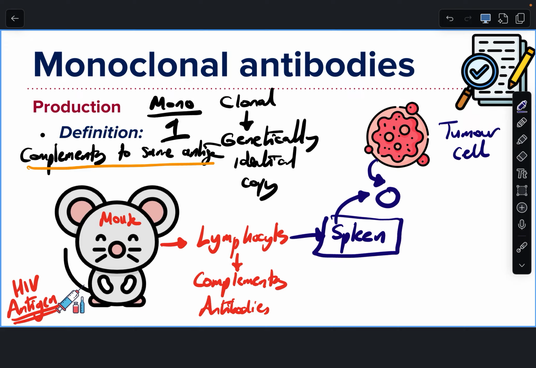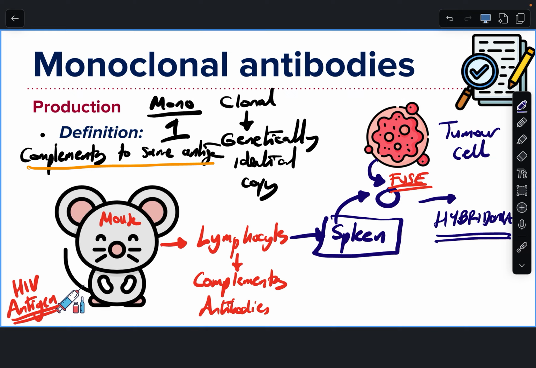The word I'd like you to use rather than combine, and this tends to be the word they use in a mark scheme, is fuse together. So I fuse a tumour cell and a lymphocyte together. Once I fuse them together, and this is always on a mark scheme, I create something called a hybridoma.